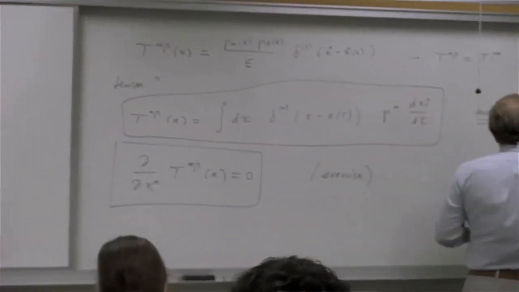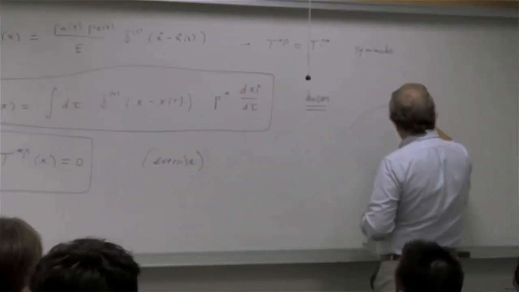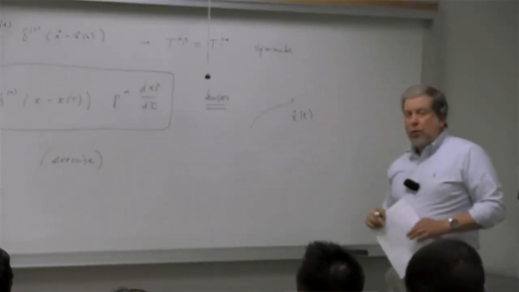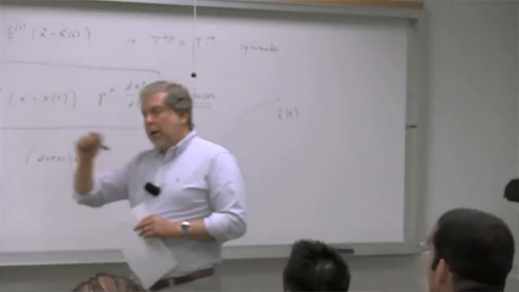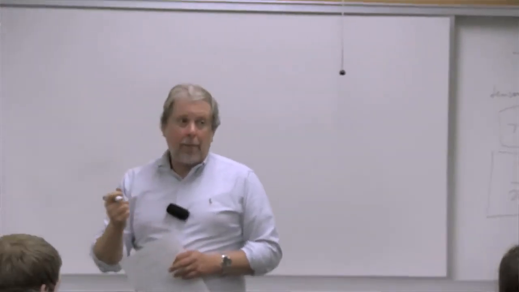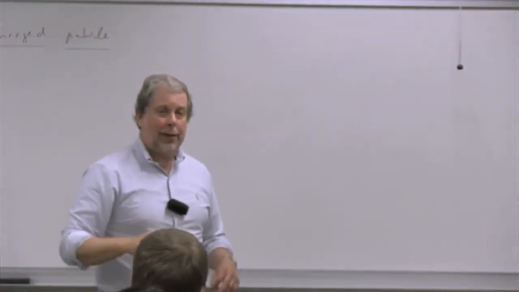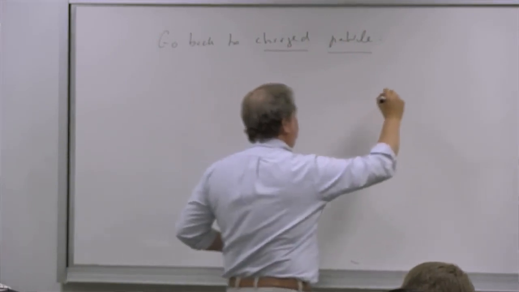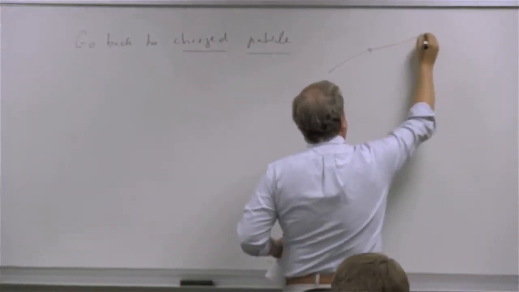What T mu nu? Well, this T mu nu describes the energy momentum tensor that is associated with a particle that follows some trajectory. So that is related, of course, to the energy of that particle and the momentum of that particle at an instant of time, right? So here we have a charged particle that does the same thing.